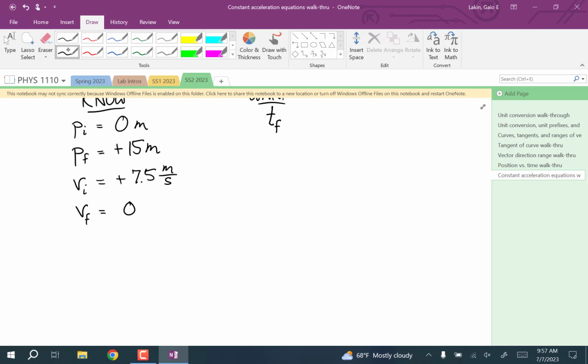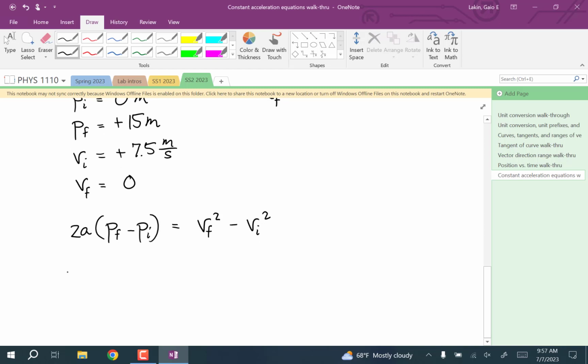So let's look for an equation that lets us solve for A. So pause the video and see if there's an equation that'll let you solve for A. The answer is yes, this one will. 2a times the quantity pf minus pi is equal to vf squared minus vi squared.